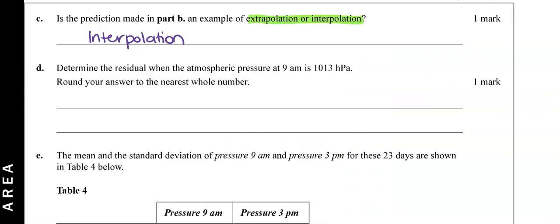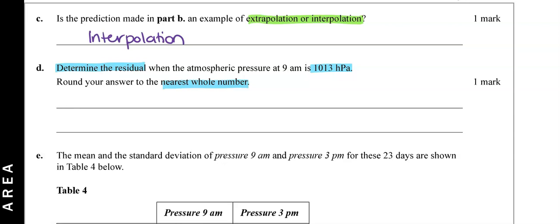Part D, determine the residual when the atmospheric pressure at 9 a.m. is 1013, and round our answer to the nearest whole number. So in here, it's really important not to round our answer until the very final step. When we want to determine the residual, we're going to calculate something.